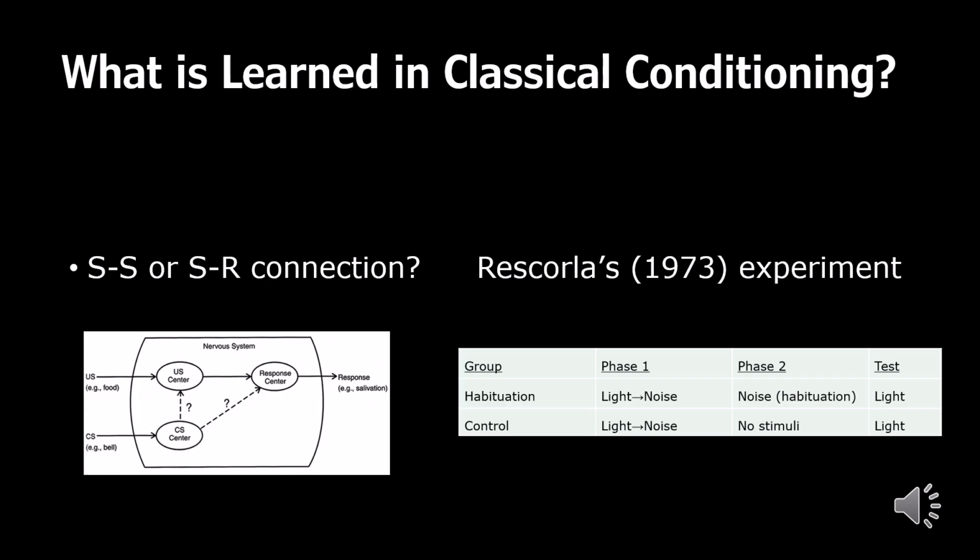Okay, that's the evidence for the S-S. The S-R is the direct conditioned stimulus-response link, and so the conditioned response would persist despite the unconditioned stimulus devaluation. And so we're talking about organisms that encode the CS or the US expectancy, something that's not just a reflex chain.